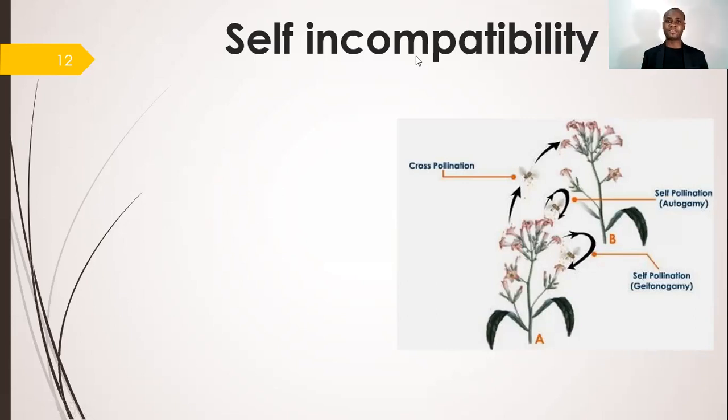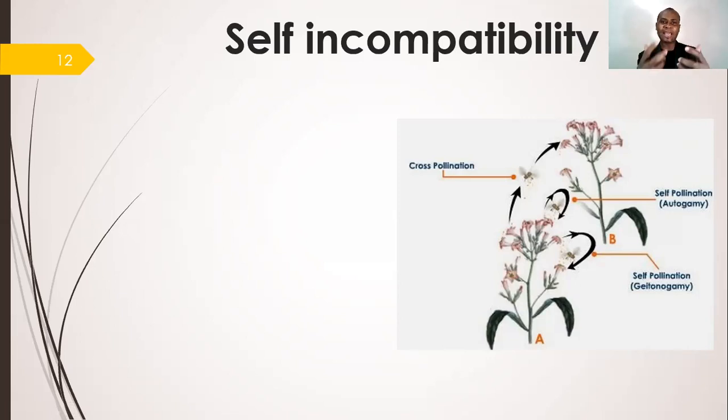Self-pollination is usually not possible, but cross-pollination is what usually happens. So I will have pollen grains from one tree being transferred to another tree. Okay, that is usually what makes most cacao trees bear fruit.